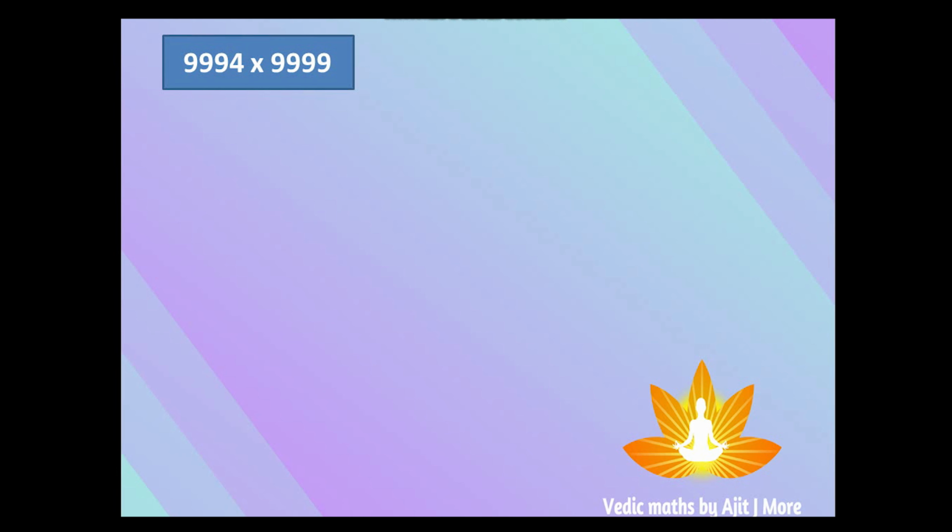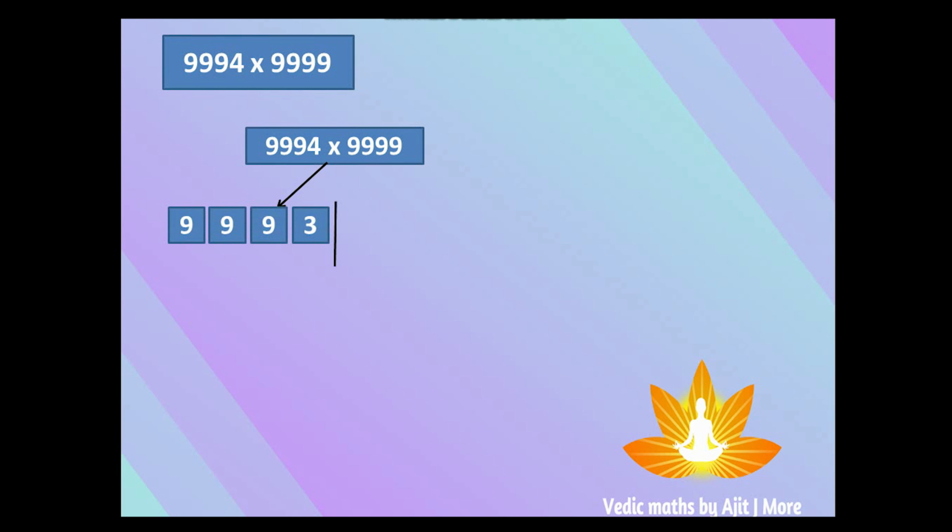We are multiplying 9994 with 9999. Is it also in case 1? Yes. Now your answer is made up of two parts. Tell me the first part. The first part is 1 less than 9994. And what is 1 less than 9994? 9993.